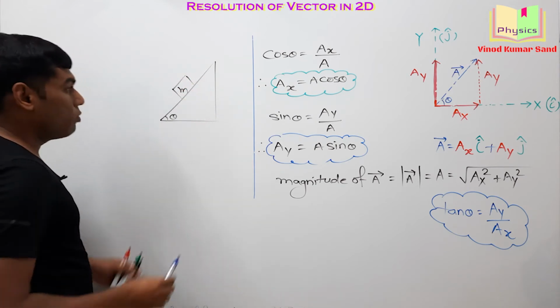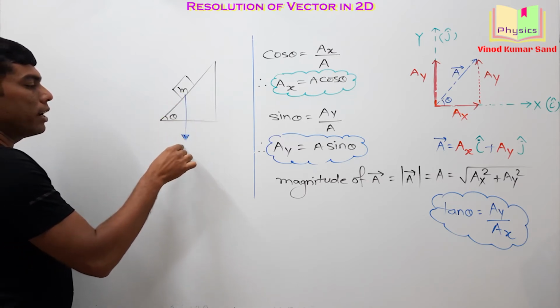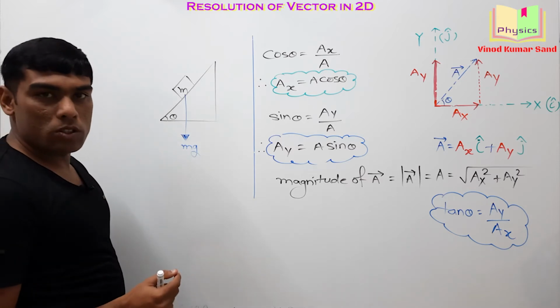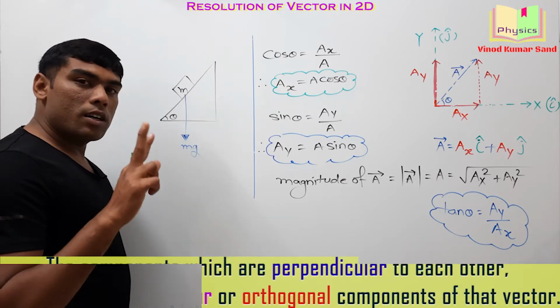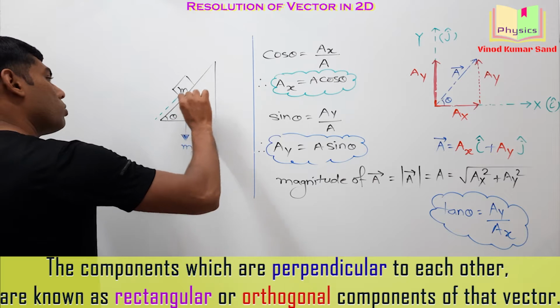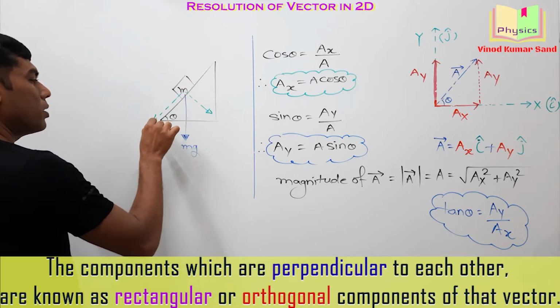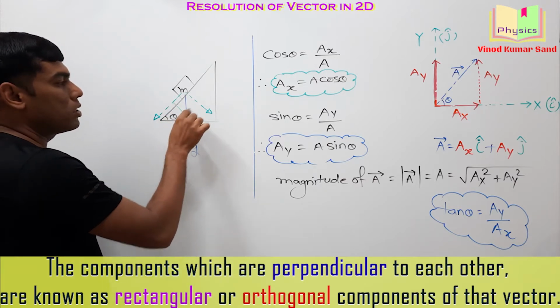The gravitational force on this mass is mg, and we wish to have the rectangular components of this force. Rectangular components means the components which are perpendicular to each other, and we are working in the 2-dimensional space. So can I show these two as the rectangular components? These green ones, they are perpendicular to each other.